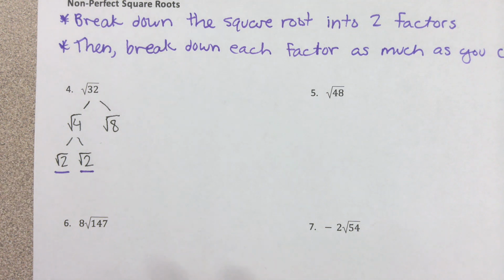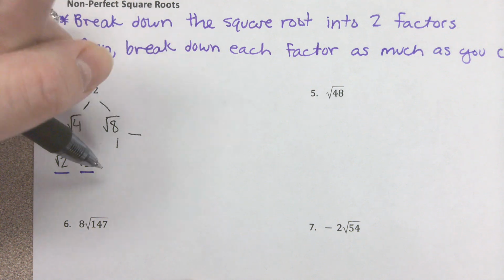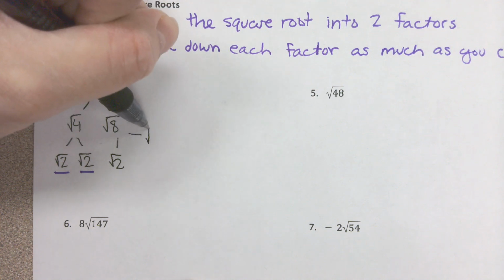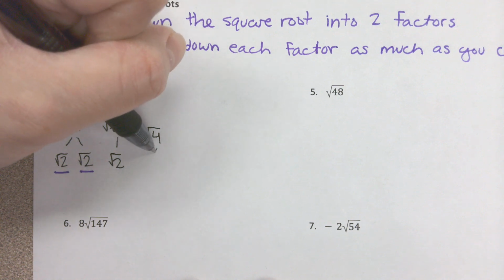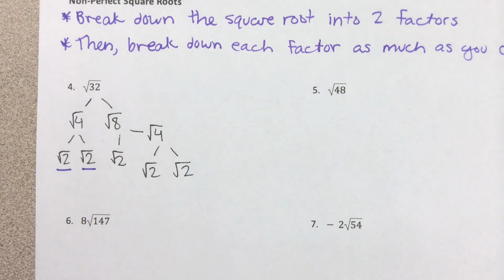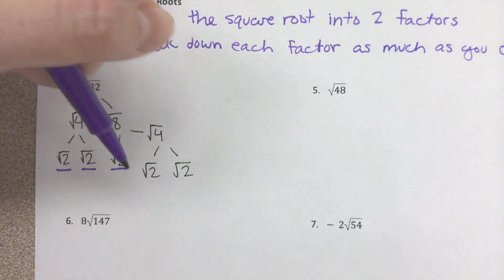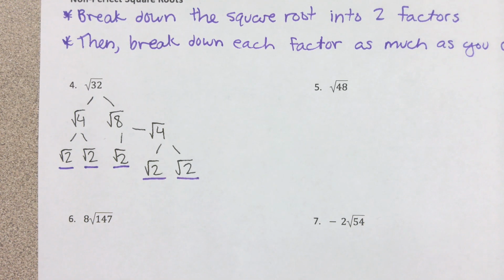And I'm going to come over here and break down the 8. 8 breaks down into 2 and 4. And the 4 will break down into 2 and 2. That's as far as we can go with those. Now we got 5 2s.